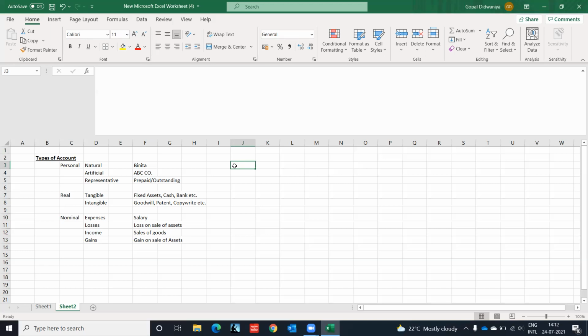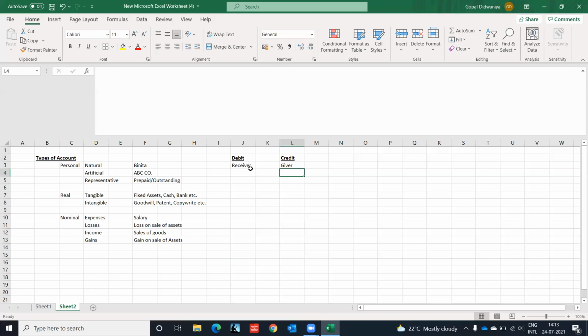So for personal account, we have a rule: debit and credit. Personal account: debit the receiver, credit the giver. What do you understand with this? If you are receiving, let's say Binita, you are receiving money, I will debit your account.